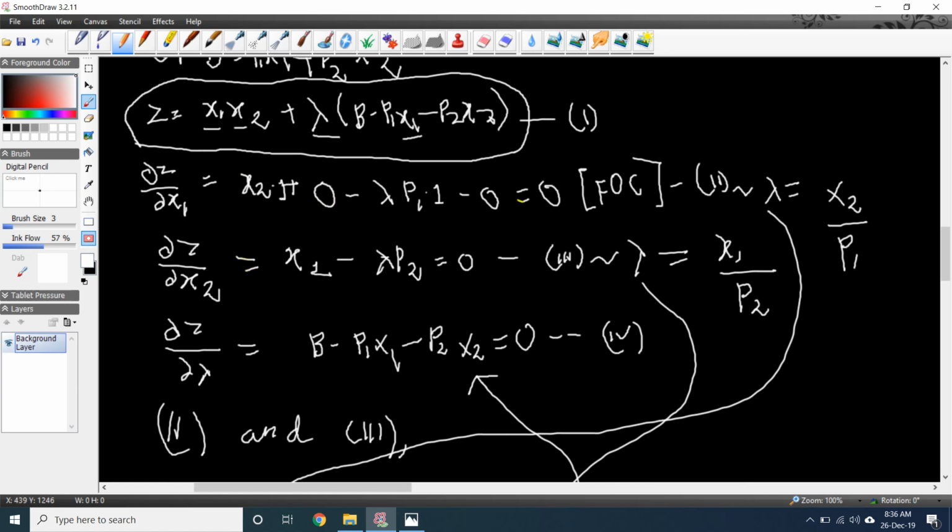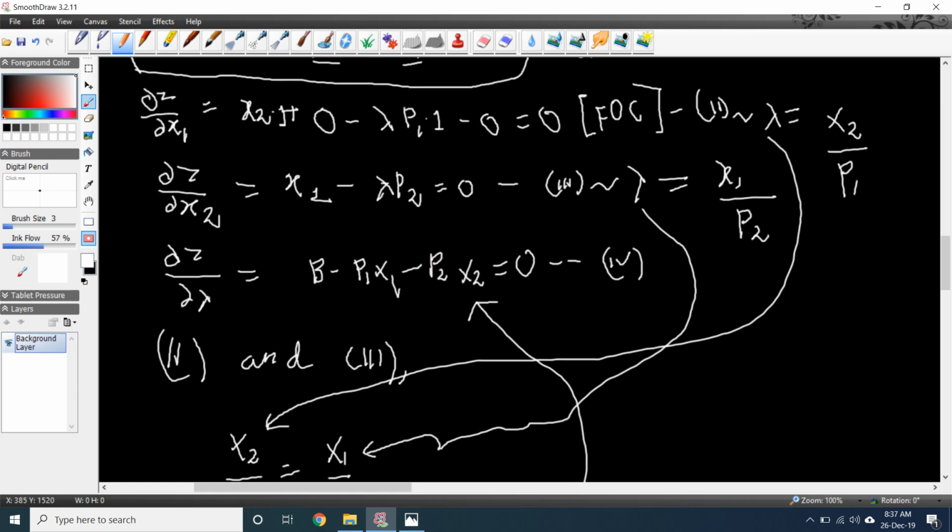We get x2 minus lambda p1 equals 0 using the first order condition, so lambda equals x2 by p1. Similarly, differentiating z with respect to x2, we get lambda as x1 by p2. Finally, differentiating z with respect to lambda, we get our normalized constraint.